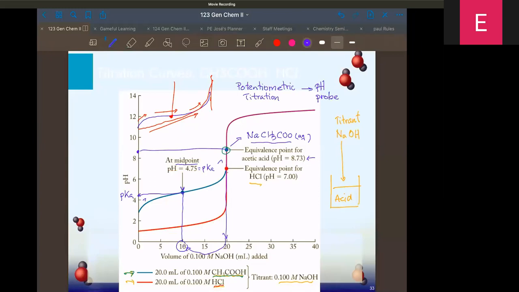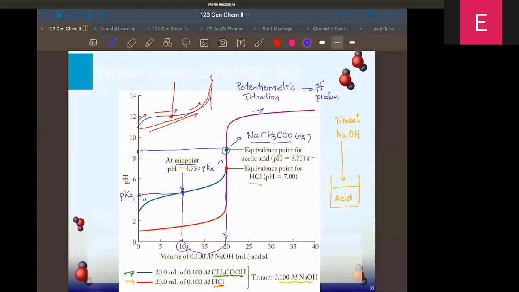And so you can determine the pKa, you can determine the endpoint, you can determine whether it's a weak acid or a strong acid. Notice that both curves, after you go through the endpoint, follow exactly the same pathway. Why? Because once you have neutralized all the acid, the only thing you're adding after the endpoint is excess base, and the excess base is going to be the same amount.